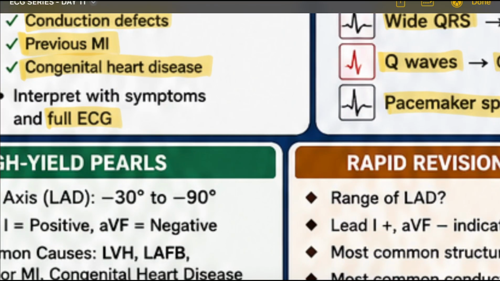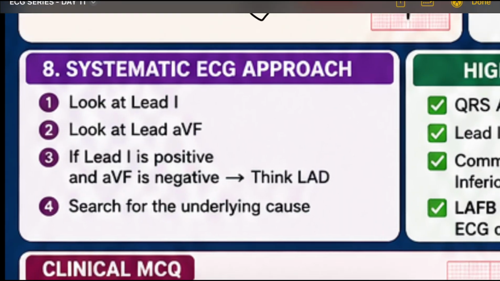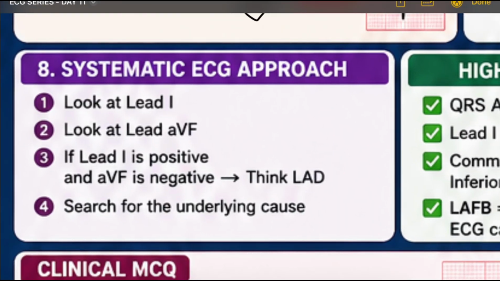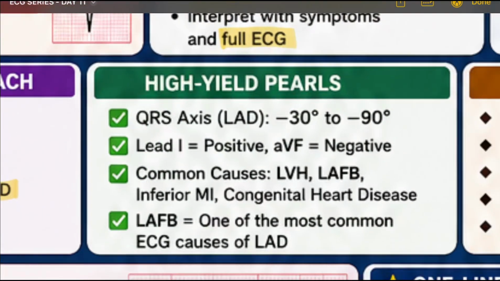Okay, so in systematic ECG interpretation, whenever you are looking at any ECG, we have to see the axis and look at lead 1 and lead AVF. If lead 1 is positive and AVF is negative, then we have to think of left axis deviation and search for the underlying cause.